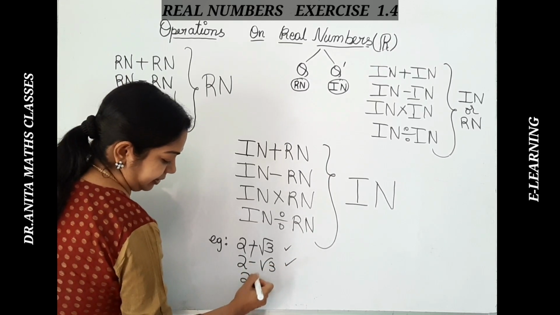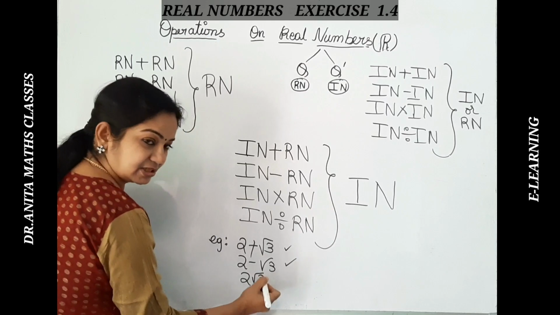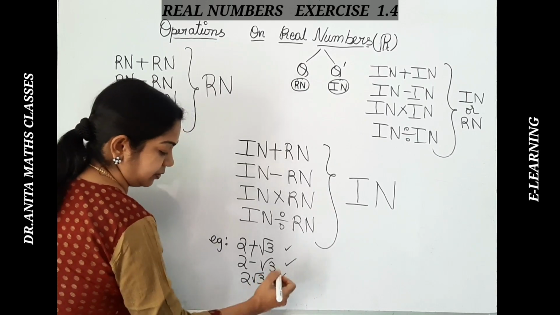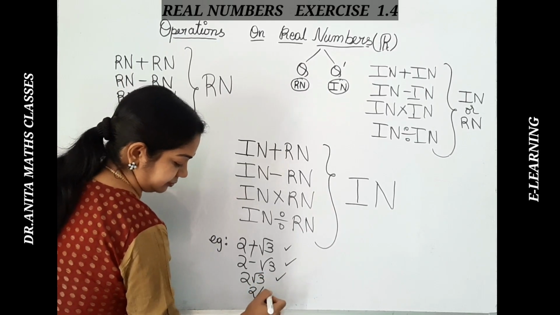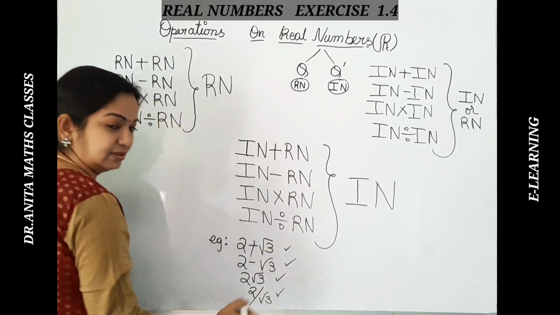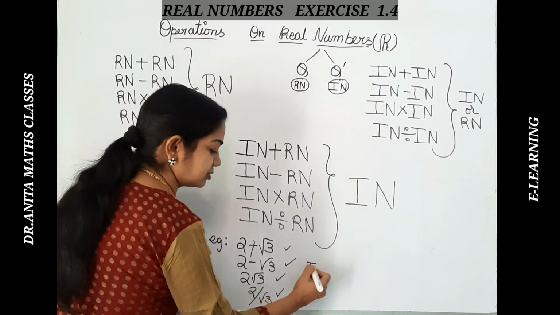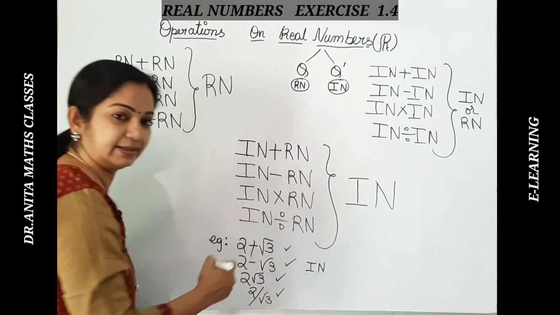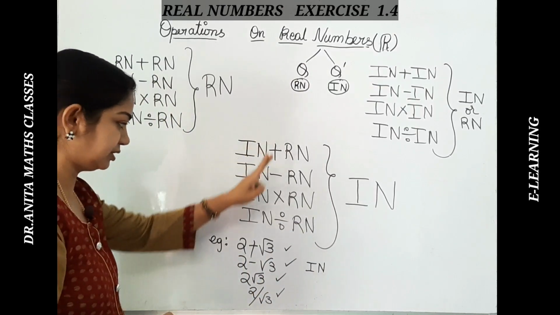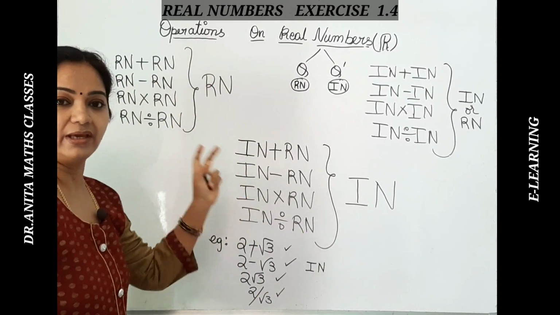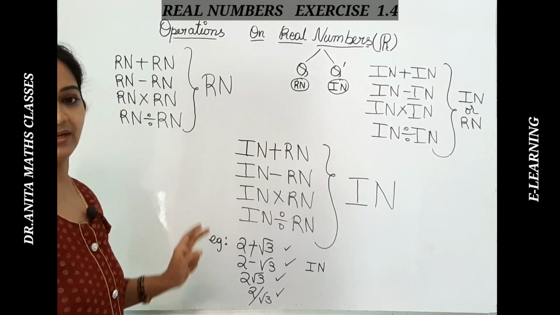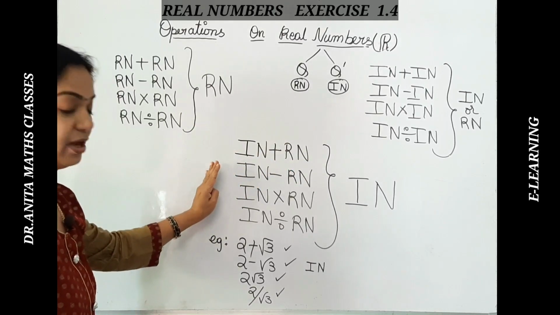If you multiply rational and irrational, this is also an irrational, and also if you divide, these are all irrational numbers only. We don't get rational when you do these operations on irrational and rational numbers. So this concept you have to remember.